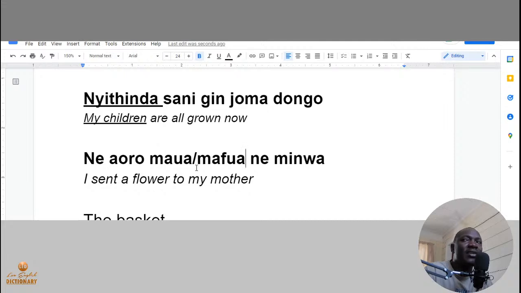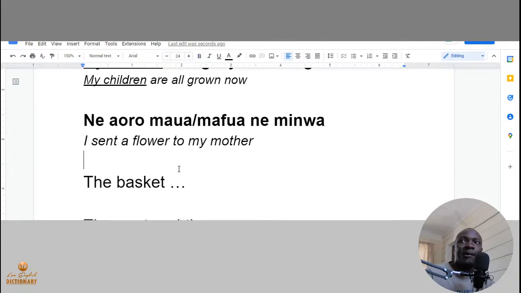Yeah, flower in Swahili is mafua. So some people just stuck with mafua, or maua, whichever, I don't know. But maua is Luo. Ne aoro maua ne minwa. I sent a flower to my mother.